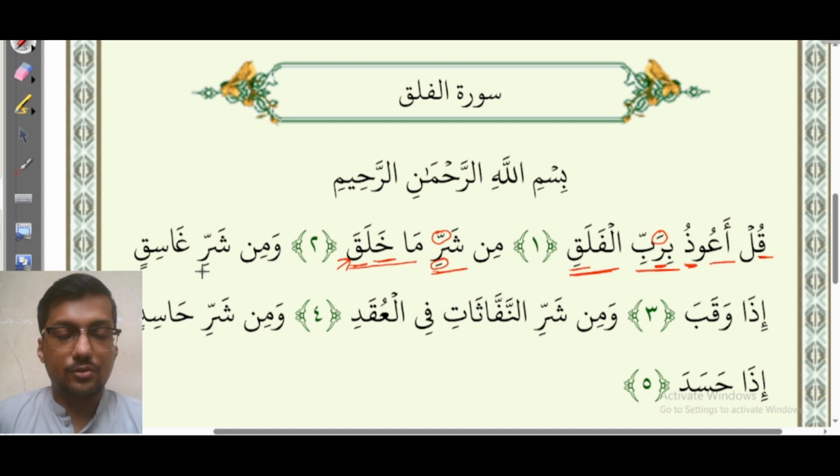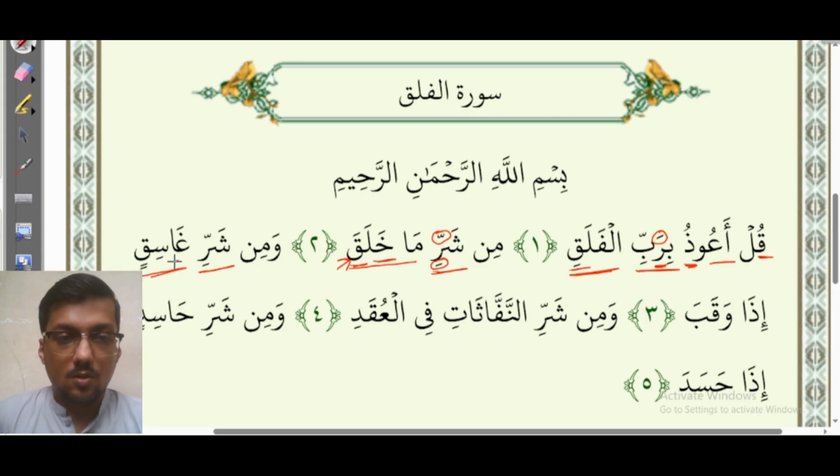وَمِن شَرِّ غَاسِقٍ إِذَا وَقَبَ. We have already covered how to read sharri. Now the next word we have to focus on is ghasiqin.